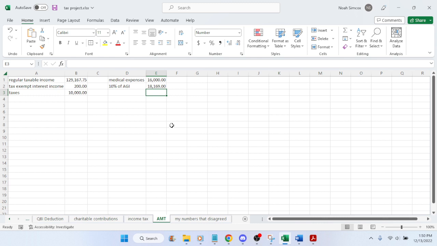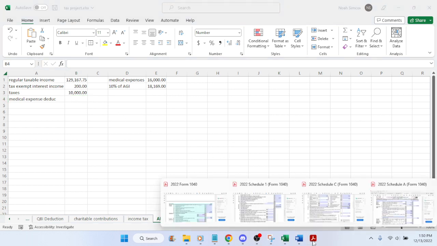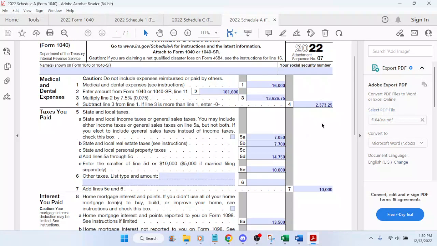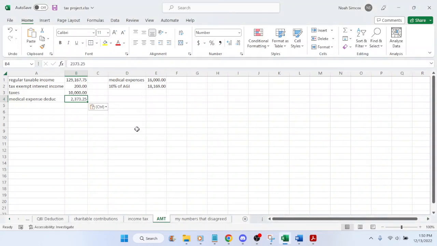That means they have to add back all of the medical expense. Not a single bit of medical expense is deductible. So we have to add back the entirety of the amount of medical expenses that we deducted. So that means we have to add back what? 2,000, this number right here. Copy and paste. So save.